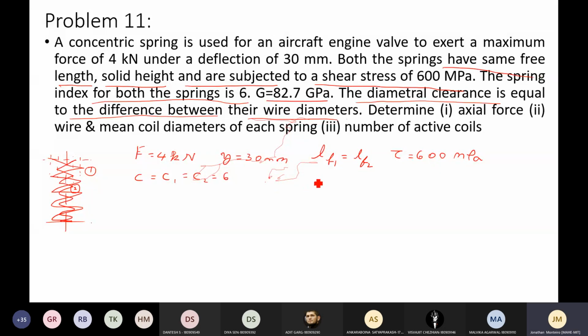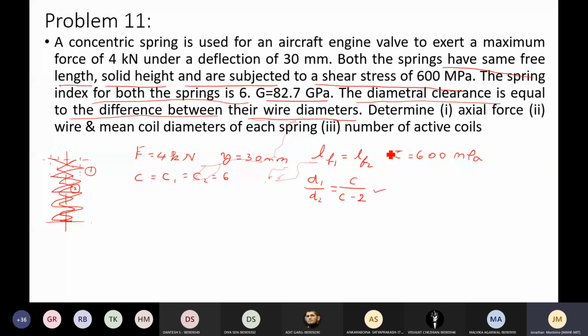We know that d1 by d2, the ratio of the wire diameters, will be equal to C by C minus 2. This is one property that we can immediately identify, because the diametrical clearance is equal to the difference between wire diameters. In such a case, this should be true.